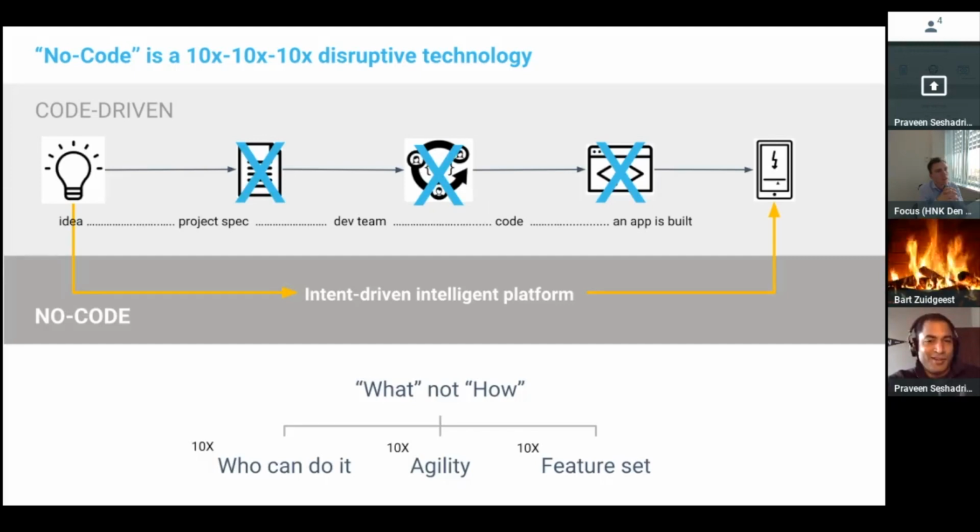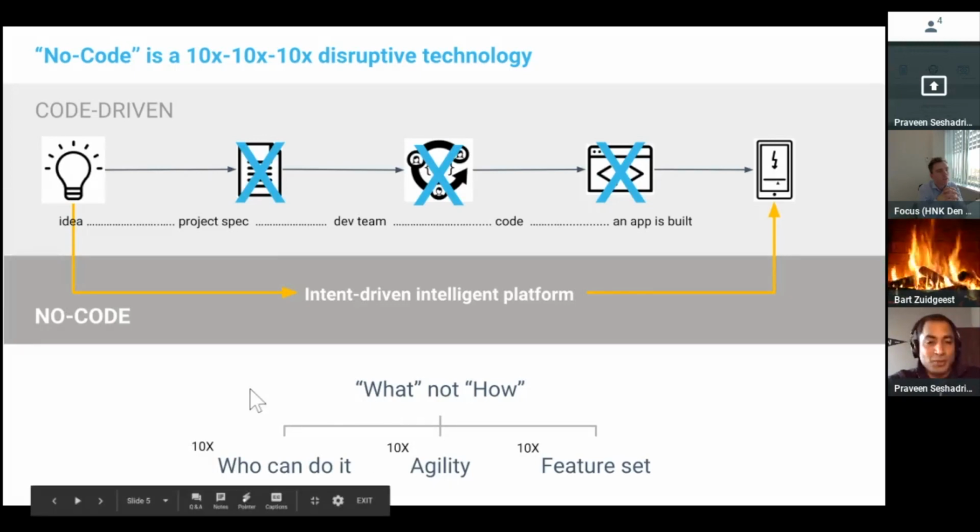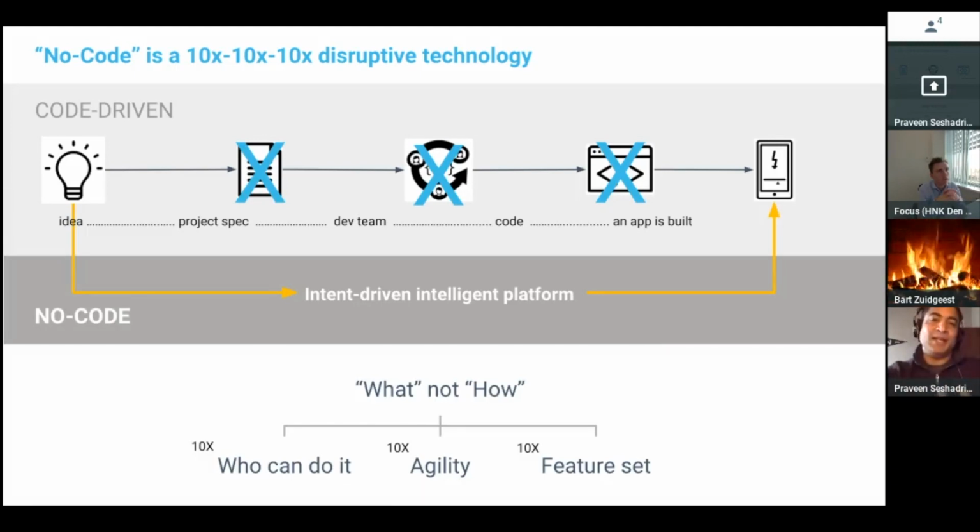The heart of this is that because you're just describing the idea at a higher level, many, many more people can do it. It is way more agile. It's actually 100 times more agile because people can iterate in the app many times in a day. And the feature set also gets to be really rich. These apps are rich and they map directly to the idea that people have.